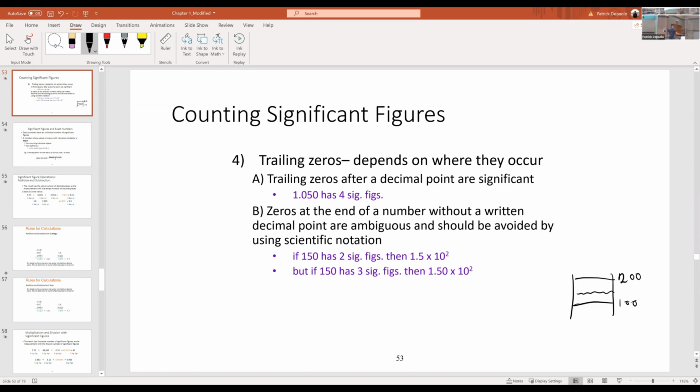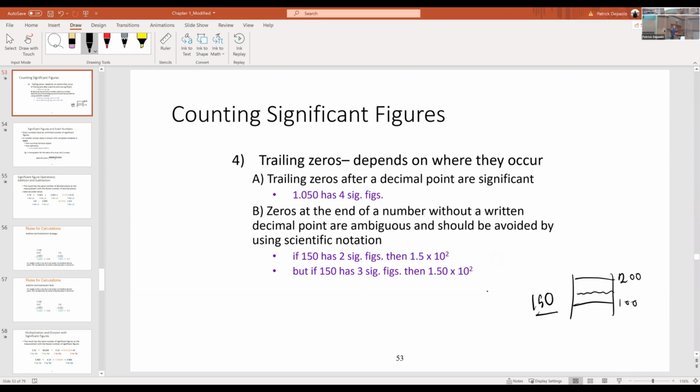A good estimate would be 150. But you can't write 150.0 or 150 point, because you can't tell anything about the ones place in this device. So it would just be 150, and that would be 2 sig figs.